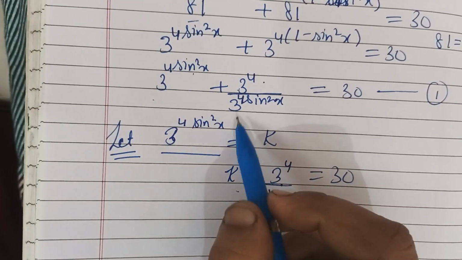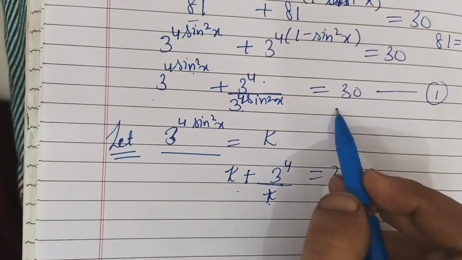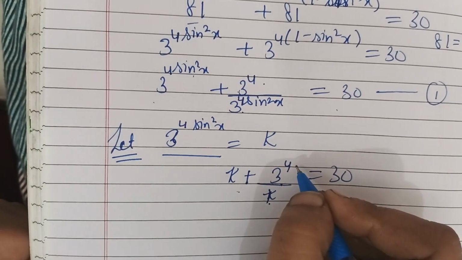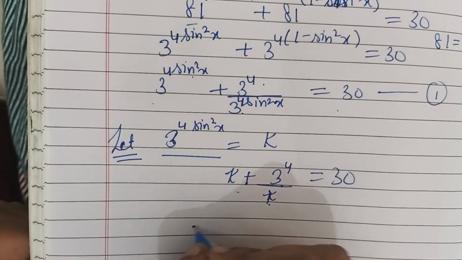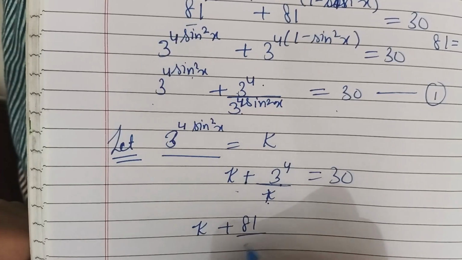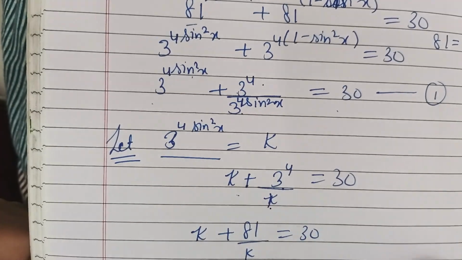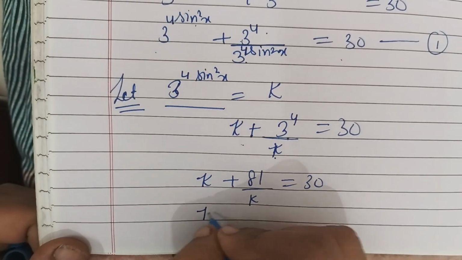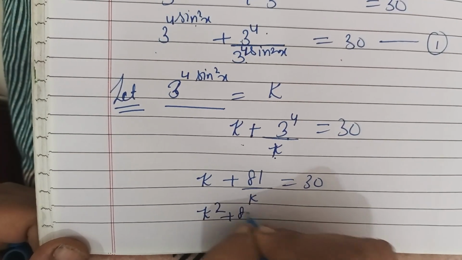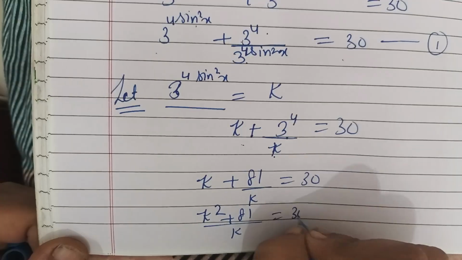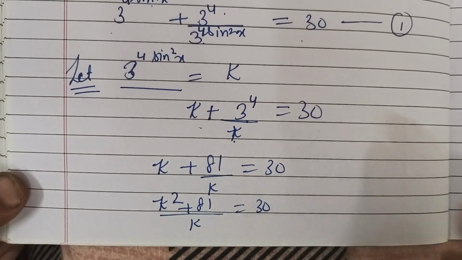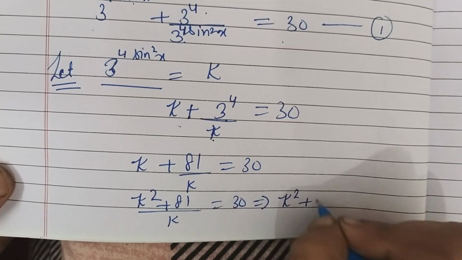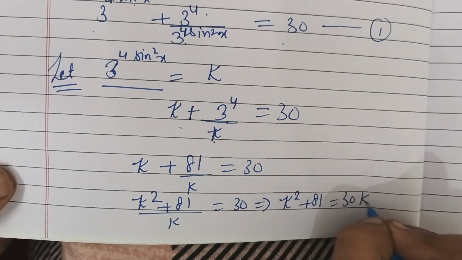So now we can write 3 raised to power 4 as 81 again. So it will become k plus 81 upon k equals 30. Now by taking the LCM and solving this, we will get k square plus 81 upon k equals 30, which will again become k square plus 81 equals 30k.